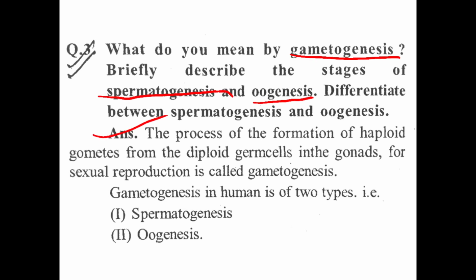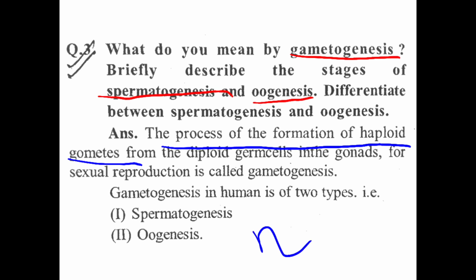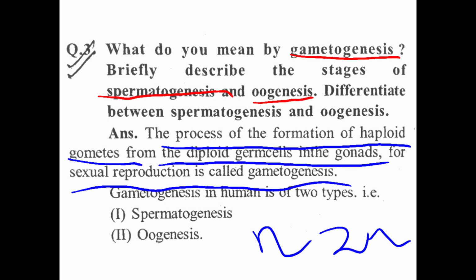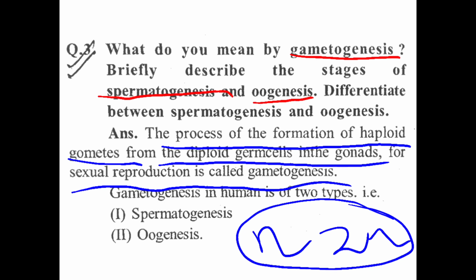The process of formation of haploid gametes, that is n number of chromosomes, from the diploid germ cell in the gonad, that is 2n number of chromosomes, for sexual reproduction is known as gametogenesis. We know that gametes are required for sexual reproduction. So, this is the definition.